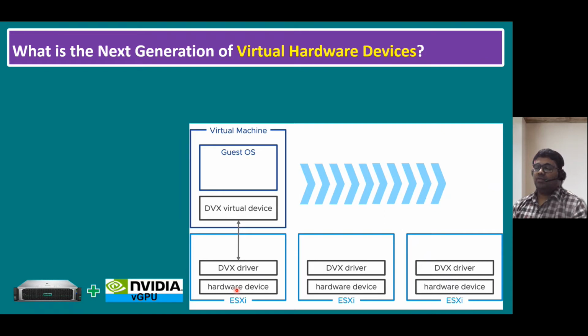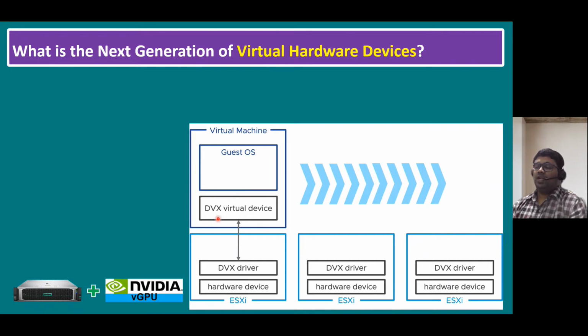That means in our hardware we must have the specific device virtualization extension driver. DVX full form is device virtualization extension driver. This driver must be installed on all our ESXi hosts, and this virtual device is mapped to our virtual machine through the device group.